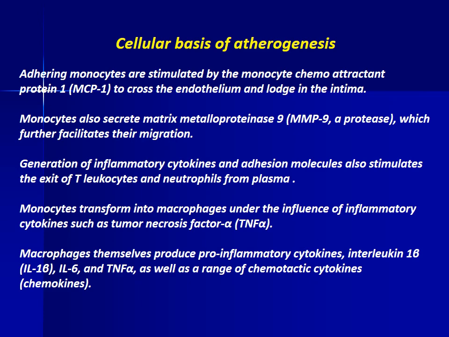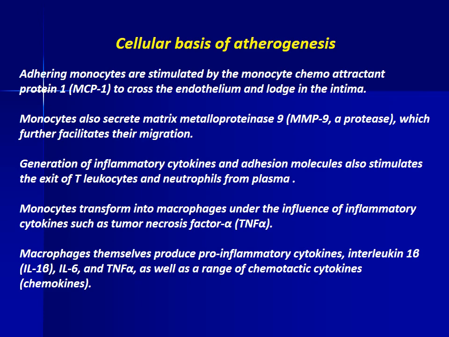Cellular basis of atherogenesis. Adhering monocytes are stimulated by the monocyte chemoattractant protein 1, or MCP1, to cross the endothelium and lodge in the intima. Monocytes also secrete matrix metalloproteinase 9, MMP9, a protease, which further facilitates their migration.